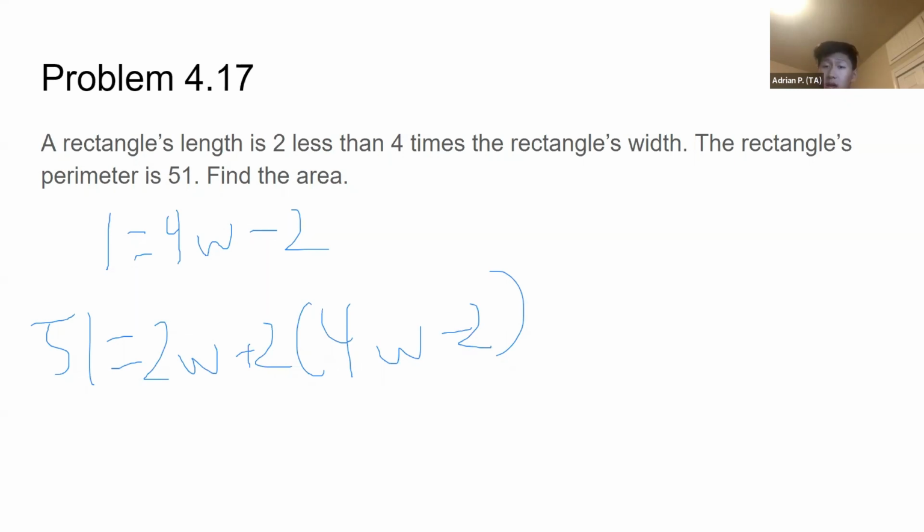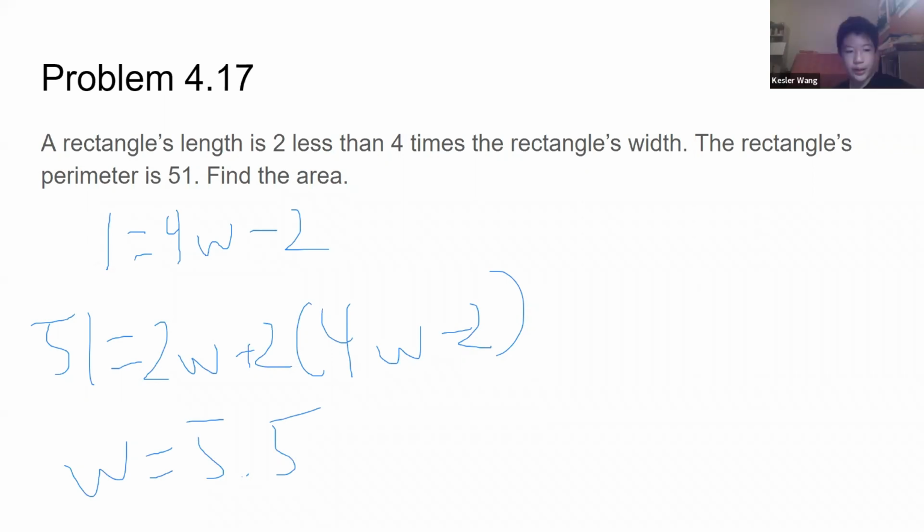So that's 10W equals 55. W equals 5.5. Then if you plug W back into the length equation, you'll find length equals 22 minus 2, which is 20.